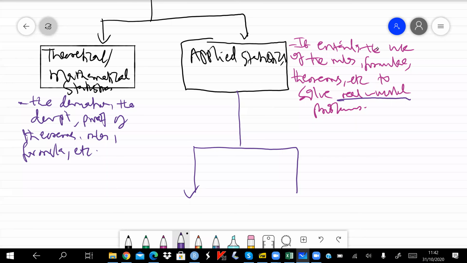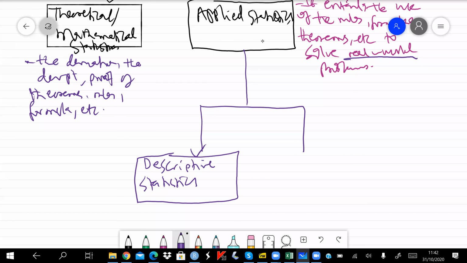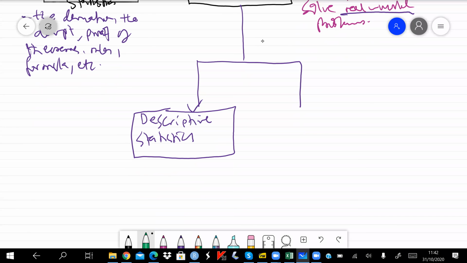We have on one side the descriptive statistics. And basically, this involves the use of sample information or sample data.